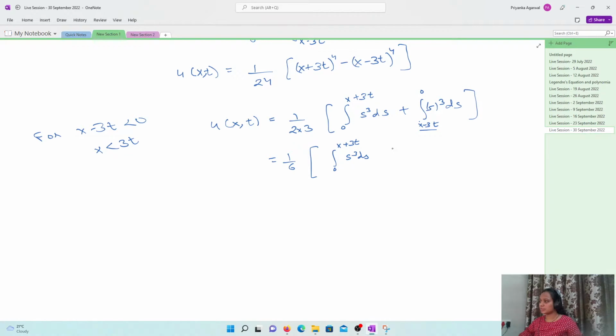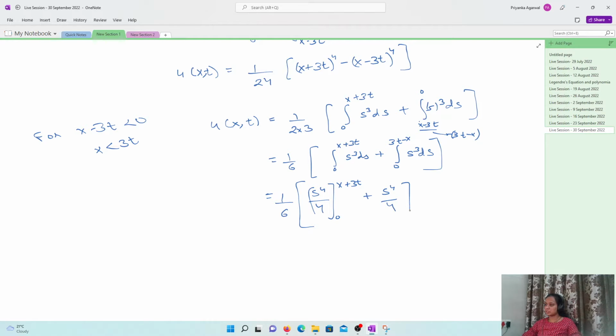And to make it a positive value, we can write it as 3t minus x, the minus sign. And then the limits will also get reversed. So this is now 0 to 3t minus x of s cube ds. And this then becomes 1 by 6, s to the power 4 by 4, the limits are from 0 to x plus 3t, plus s to the power 4 by 4, and their limits are 0 to 3t minus x.